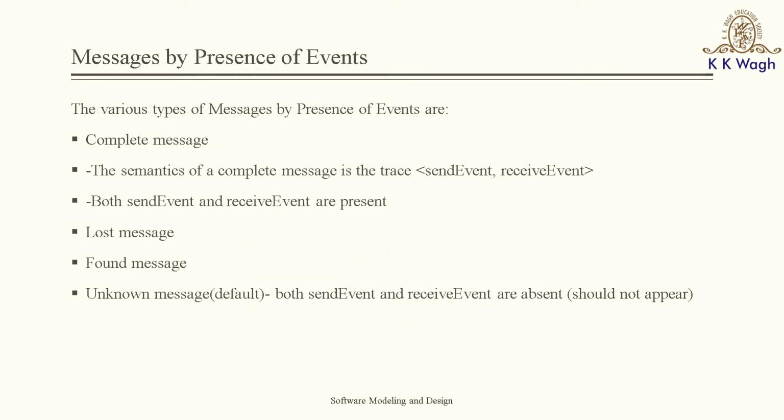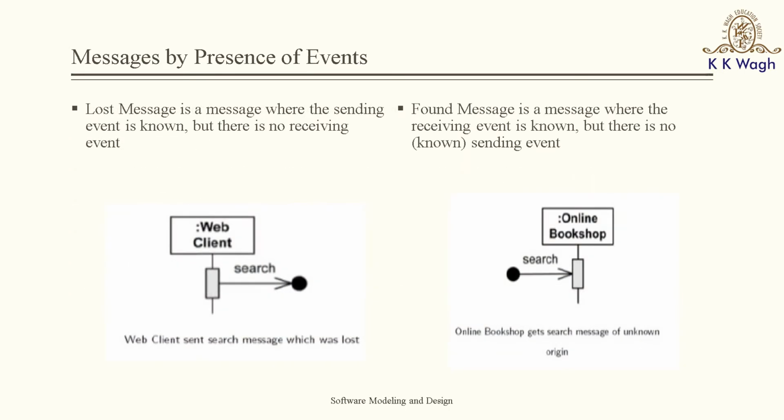Now here are messages by presence of events. This type of messages contains lost message and found message. We will see in detail. Now see, a lost message is a message where the sending event is known but there is no receiving event.